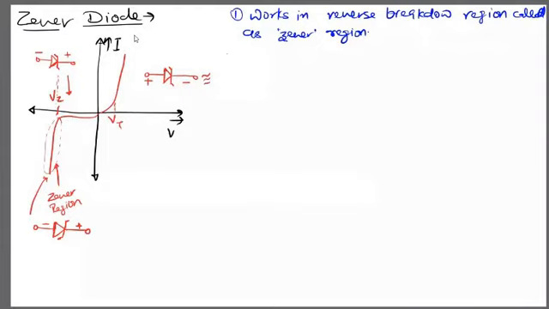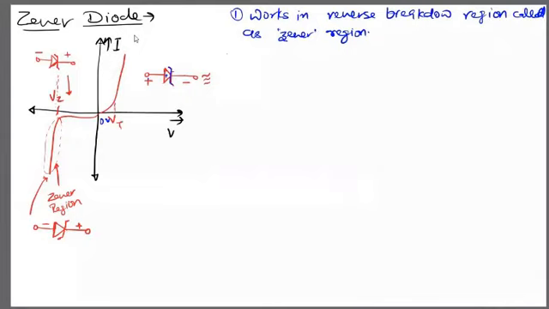Okay, how it works. This is the characteristics of the Zener diode. You can see here the forward bias region, and this is the 0 volt line. In the forward bias region, we apply voltage to the positive terminal and the negative terminal, and this is the symbolic representation of the Zener diode.